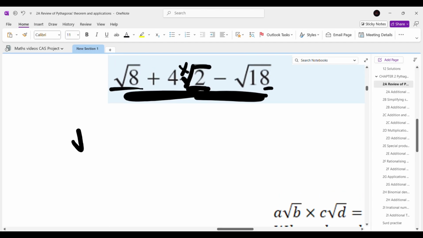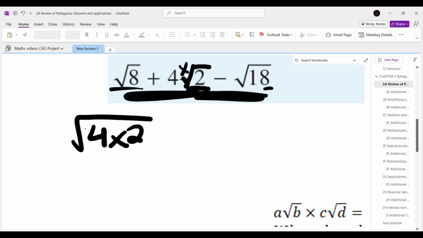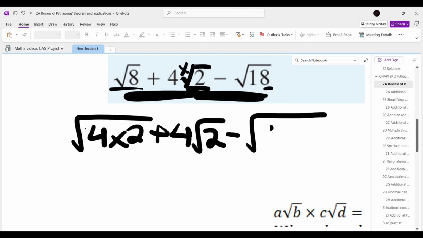So in this circumstance, we have 4 multiplied by 2 in a root, plus 4 times the root of 2, minus the root of 9 times 2.